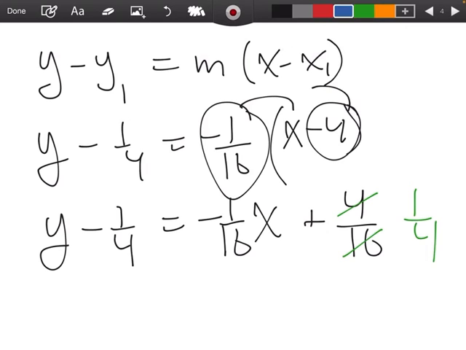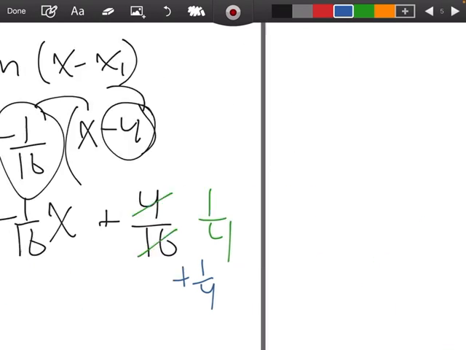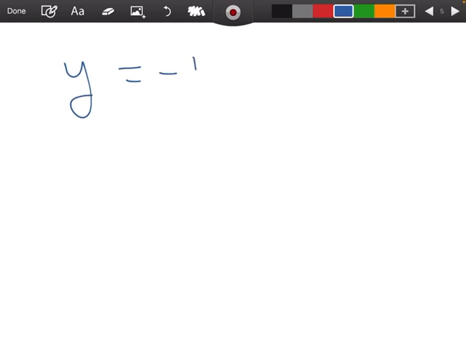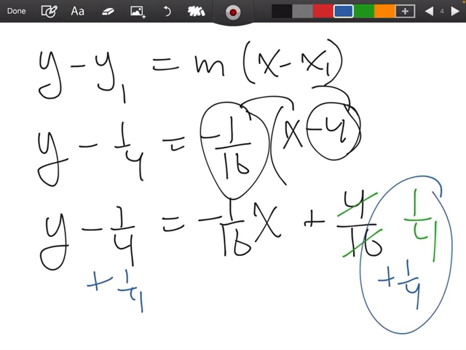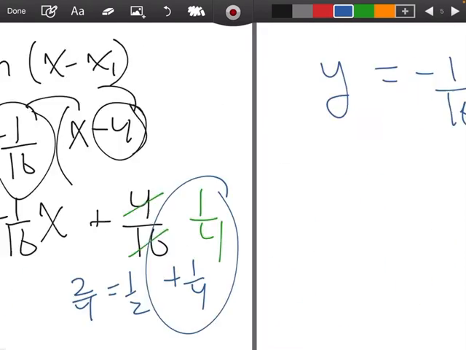And then when we add this 1/4 to this side, we're going to end up with y equals negative 1 over 16x. Let's come back over here. 1/4 plus 1/4 is 2/4, which is the same thing as a half, right?